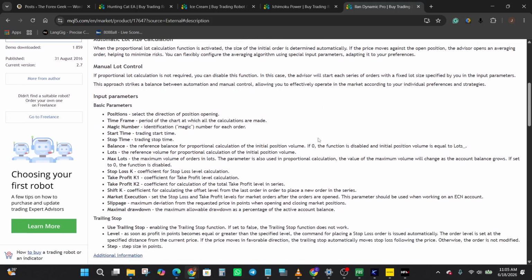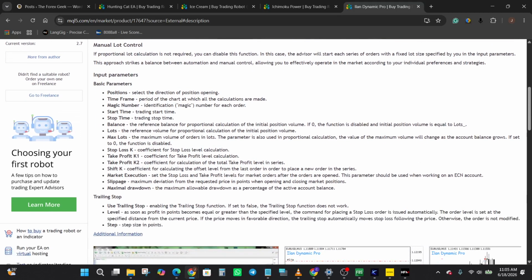Looking at the input parameters, there are a number of controls available, including trading direction selection, chart time frame selection, trading start and stop times, proportional lot sizing settings, stop loss and take profit coefficients, maximum lot controls, slippage settings, and maximum drawdown limits. The EA also includes a trailing stop feature with configurable activation levels and step sizes.